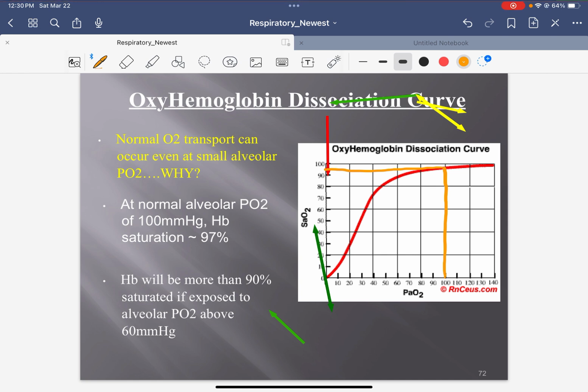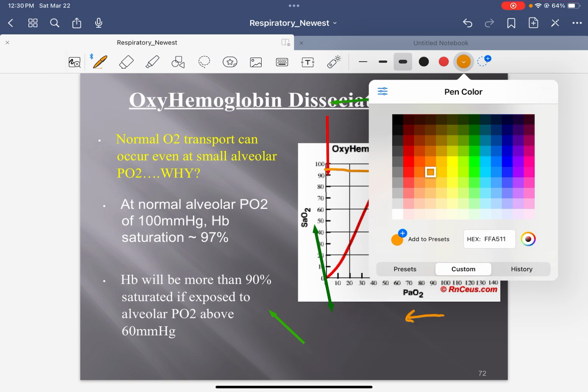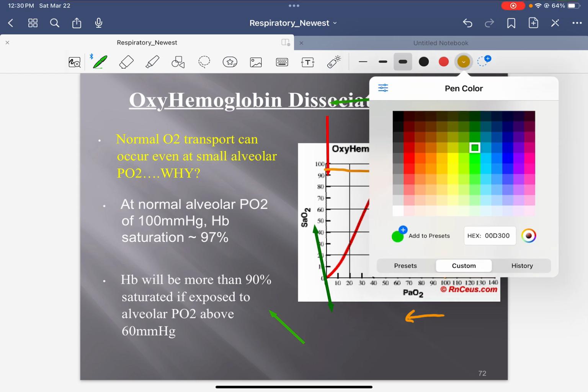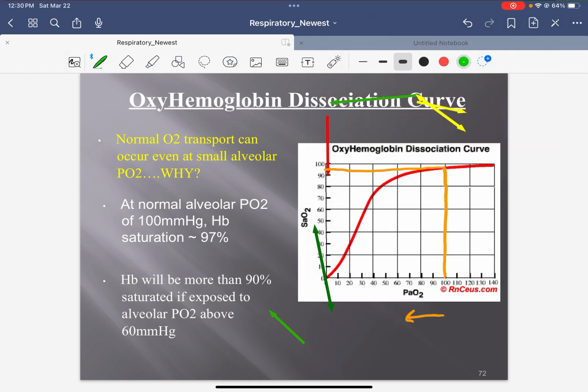But look, if I have a drop from 100 to 60, that is a 40% drop. Whoa. If I have a 40% drop in oxygen, I am still 90% saturated.